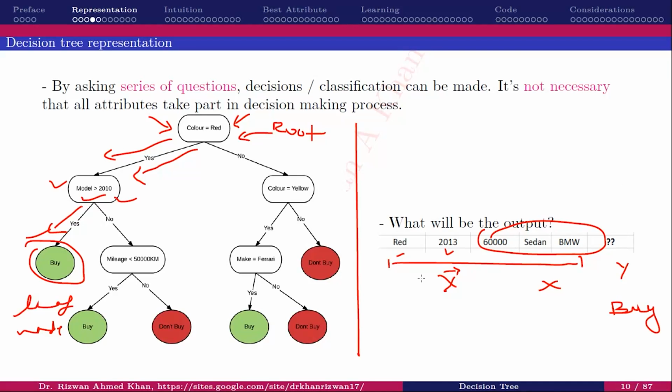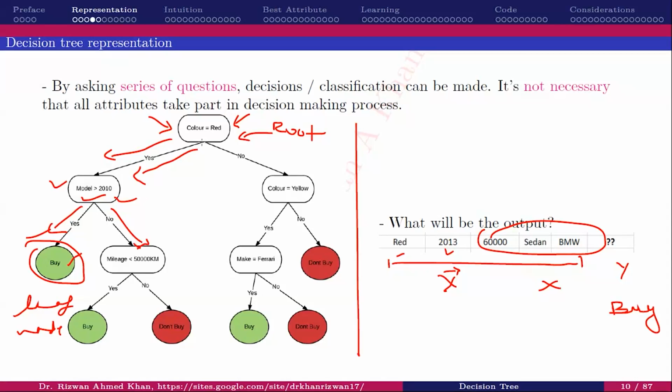Okay, we'll continue. Jamali, what do you want to ask? Sir, if there is a leaf node in my decision, I will consider that leaf node and not go below it. Exactly, because you have reached here. You have asked questions according to this decision tree, you reach a leaf node, and you make a decision. That's it. You don't need to go to the depth on the right side, you don't need to go over here.